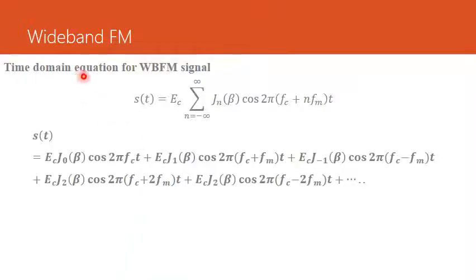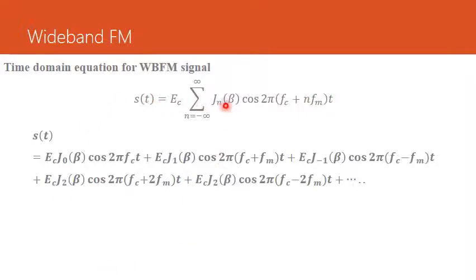So the time domain equation for the wideband FM signal can be rewritten with the help of the Bessel function as Ec times the summation from n equal to minus infinity to infinity of Jn of beta cos 2 pi (fc plus n fm) t.